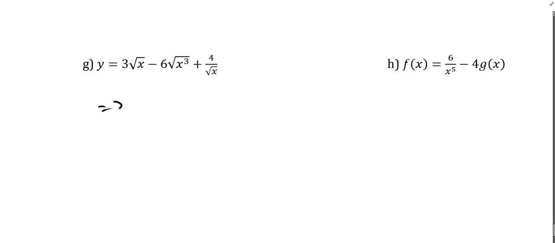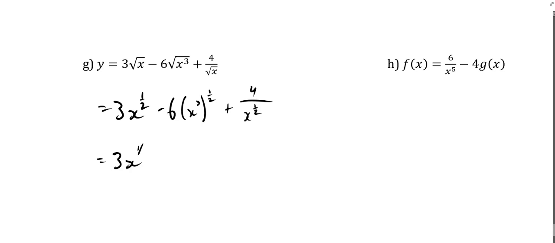So this is equal to 3 times x to the 1/2 minus 6 times, you could do this in 2 steps. We'll do it in 2 steps, I guess, but you would probably want to get to the point where you're doing this in 1 step. Whoops. If I want to do it in 2 steps, I need brackets. So this is x cubed all to the 1/2 plus 4, I'll do both of these, over x to the 1/2, 3x to the 1/2 minus, so what's the power rule?